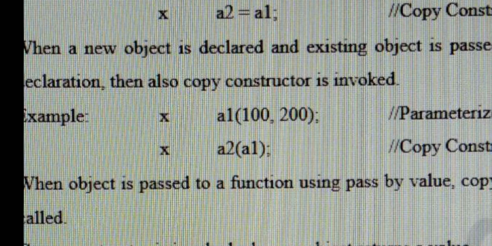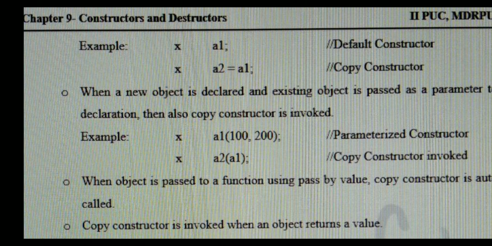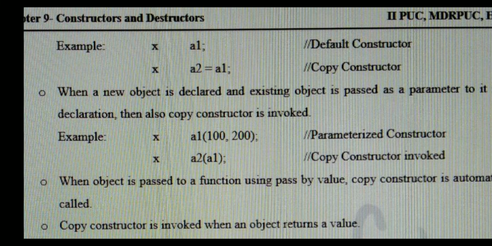Now you can see clearly in how many different ways we can give a copy constructor. In the first example, X a1, that is a default constructor. X a2 is equal to a1: a1's value we are copying to a2. X is the class name, and for that we have an object here.